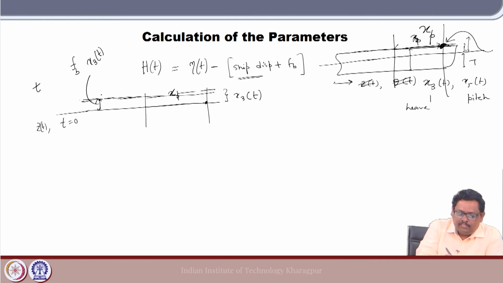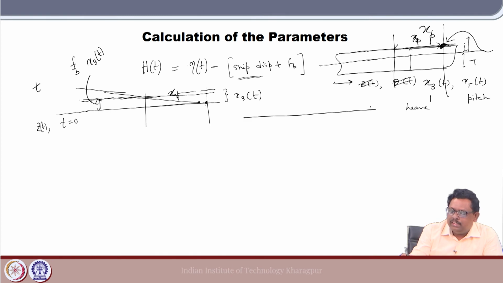Okay. Now, it undergoes some trim also. Let us assume that bow down is positive. So, if I draw this picture a little bit, this is the point from z equal z(t) at t equal to 0, and at some time t it has this much displacement. So, I can call it x3(t), and here it has some kind of trim, or we can call it a positive trim.